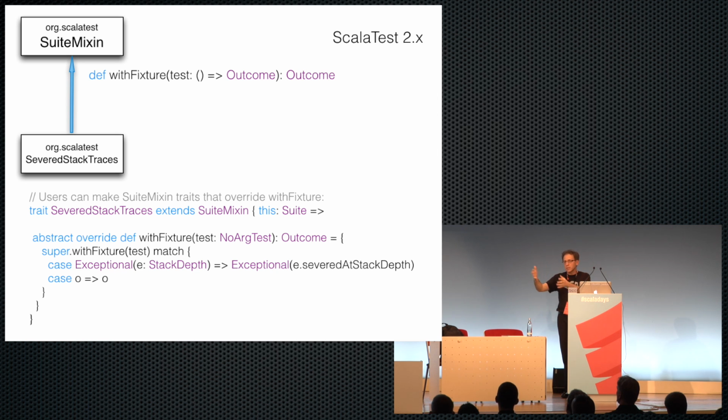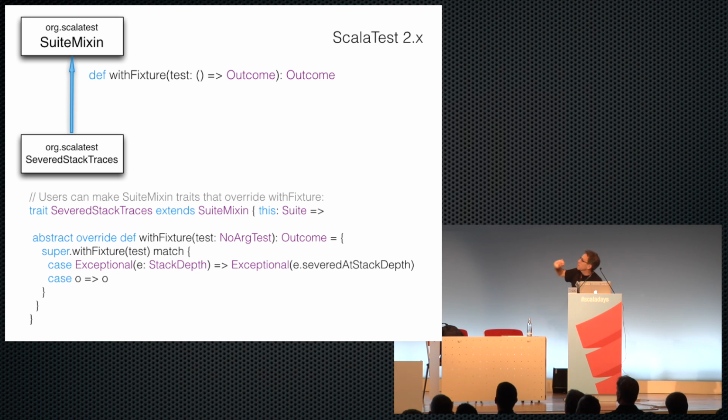And then most people just do that in their test class. But if you have several test classes where you're repeating the same withFixture code over and over, then you can factor it out into a trait that you mix into those test classes. So sometimes people will make a mix-in trait like this. This is how I recommended people do it: you extend SuiteMixin, which is a trait that just has abstract lifecycle methods. So it has an abstract withFixture, just the signature, no body.